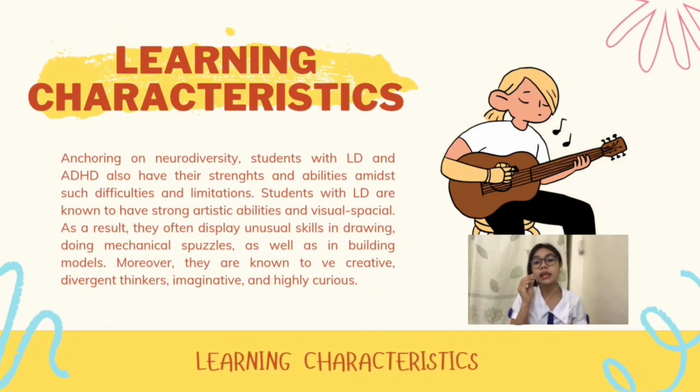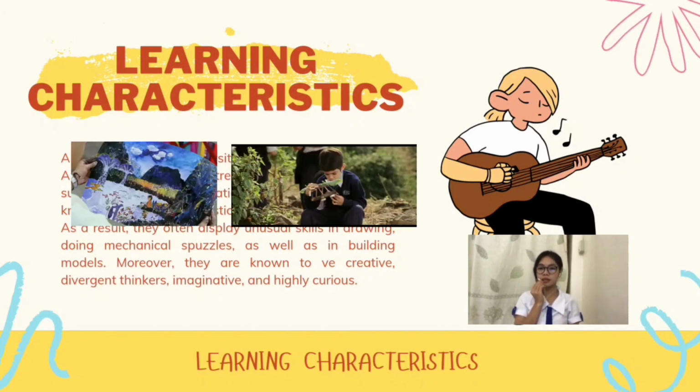So lastly, anchoring on neurodiversity, students with LD and ADHD also have their strengths and abilities amid such difficulties and limitations. Students with LD are known to have strong artistic abilities and visual spatial skills. As a result, they often display unusual skills in drawing.